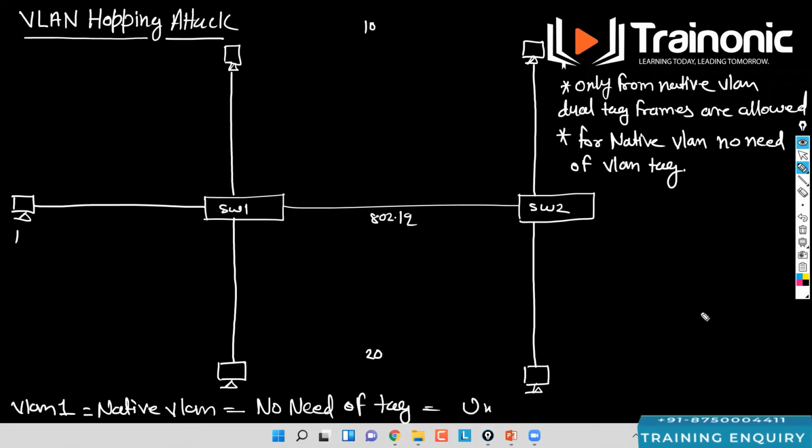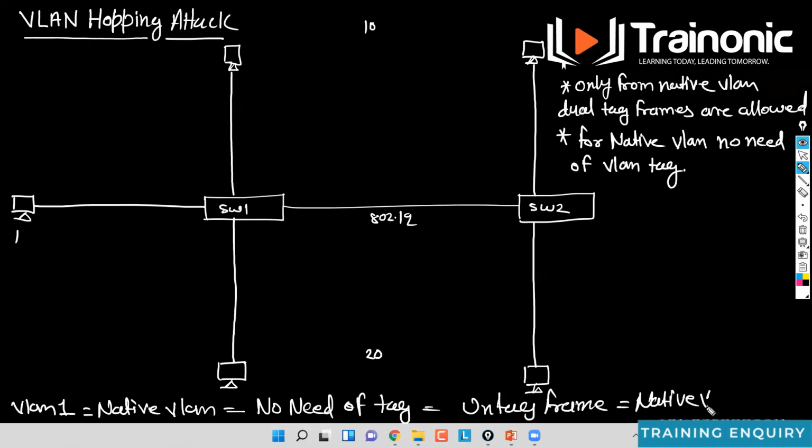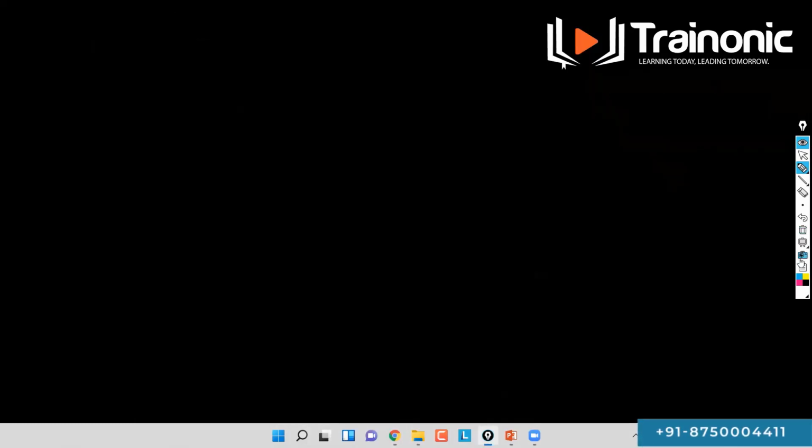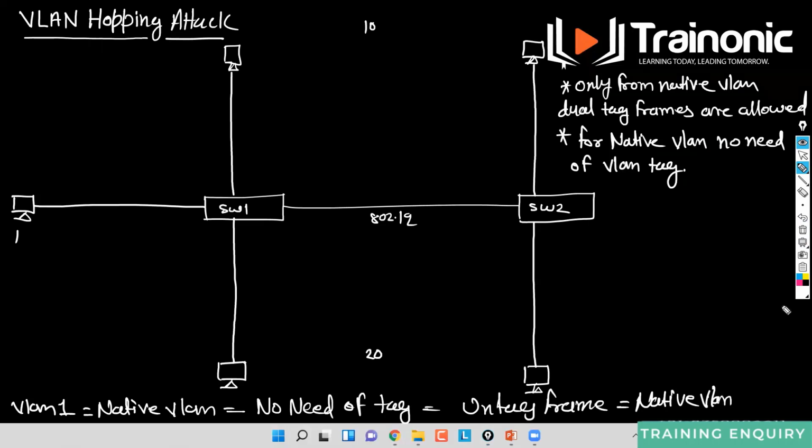When a switch receives an untagged frame, it is for the native VLAN, which is VLAN 1. Now what will happen here? Only from native VLAN, dual tag frames are allowed.